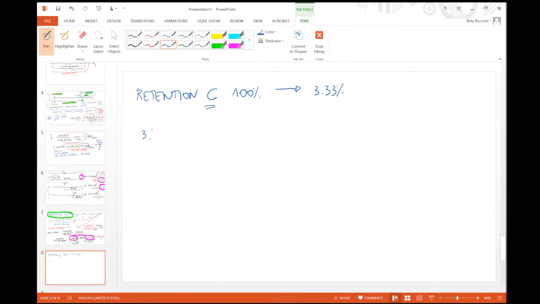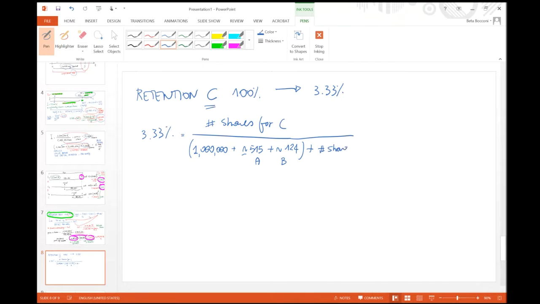And if you want to have a 3.33% after the capital increase, you must solve the equation for the number of shares for investor C divided by essentially the first round founder, 1 million, the second round about 515,000 investor A, plus round number 2 investor B, about 124,000 shares, plus the number of shares for investor C. If you solve the equation for the number of shares for C, you will calculate the number of shares purchased in the third round to be 56,542 shares.